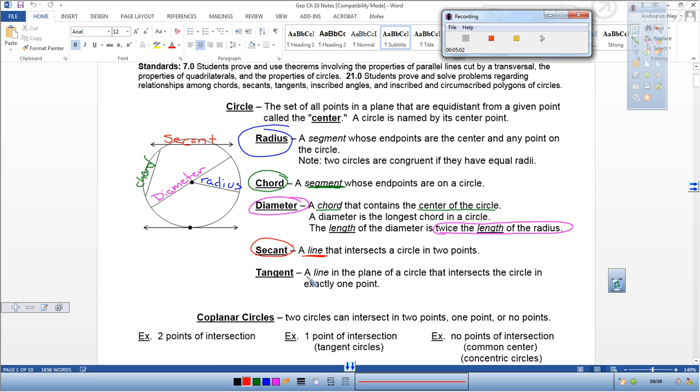Okay, a tangent line is a line in the plane of a circle that intersects the circle in exactly one point. So this is a tangent. Any questions over there?